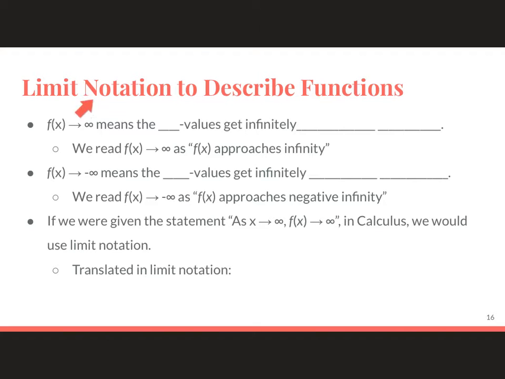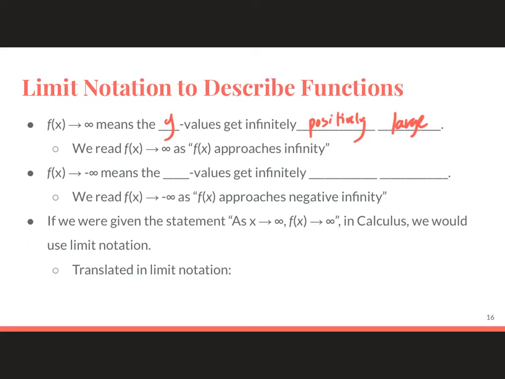If we're given this notation, f of x arrow infinity, this means that your y values are getting infinitely positively large. We read this as f of x approaches infinity. So it's approaching positive infinity.